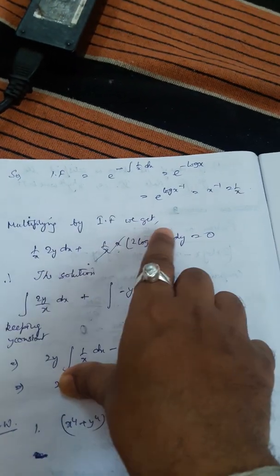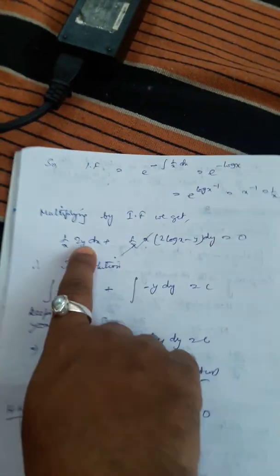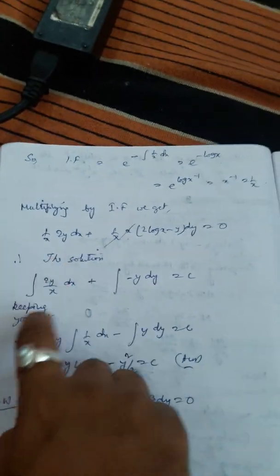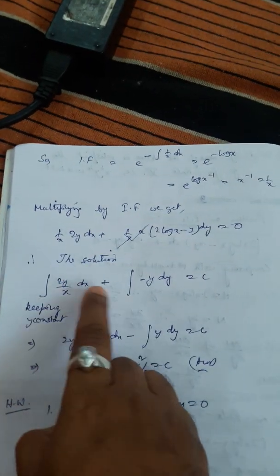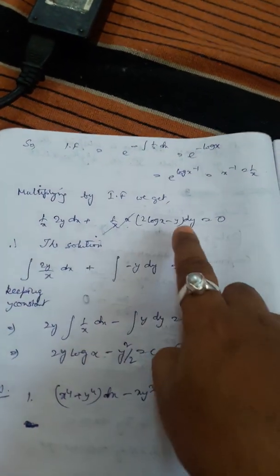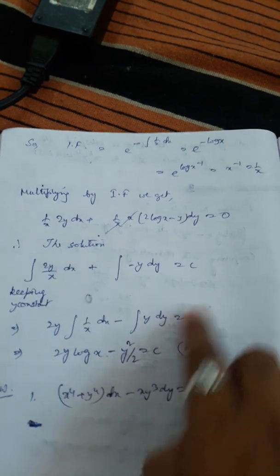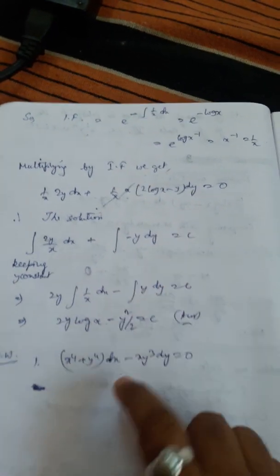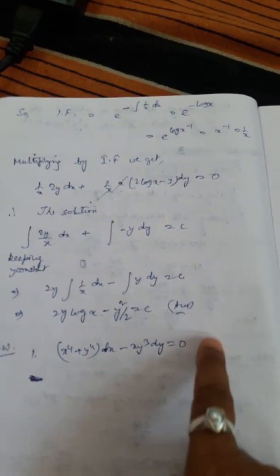Multiplying the integrating factor with the equation, we get this one. Now I am arranging it. dx is written first, then dy. Then solution: integration 2y by x dx, keeping y constant, minus y function only, minus y dy equals to c. Integrating, we can find the solution, and you can find the solution from here also.